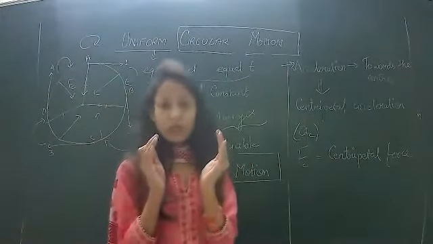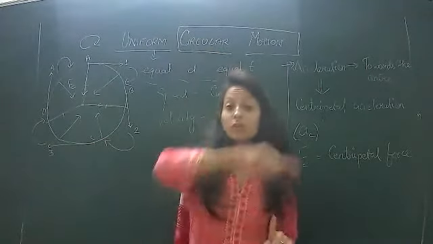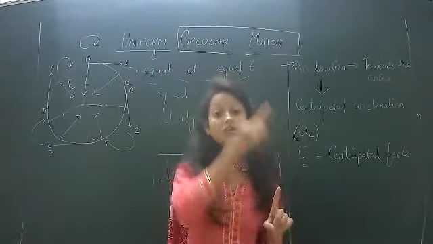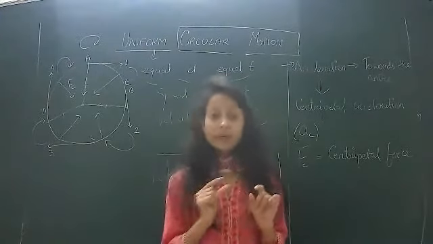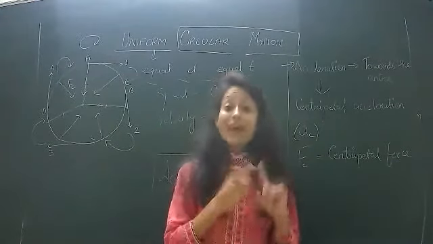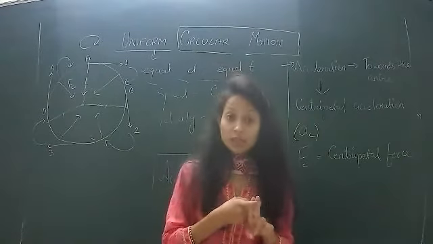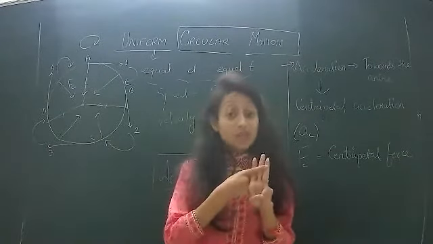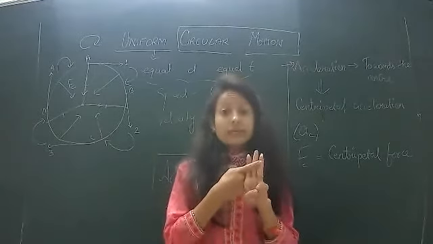Now, combining today's topic, uniform circular motion: when an object moves along a circular path such that it covers equal distance in equal intervals of time, its motion is said to be uniform circular motion. That means the speed of the object remains constant. But since it is changing its direction continuously, its velocity is changing.